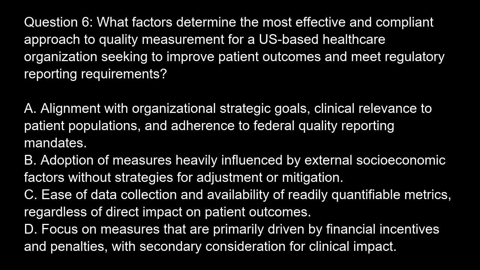Option B. Adoption of measures heavily influenced by external socioeconomic factors without strategies for adjustment or mitigation. Option C. Ease of data collection and availability of readily quantifiable metrics, regardless of direct impact on patient outcomes. Option D. Focus on measures that are primarily driven by financial incentives and penalties, with secondary consideration for clinical impact.